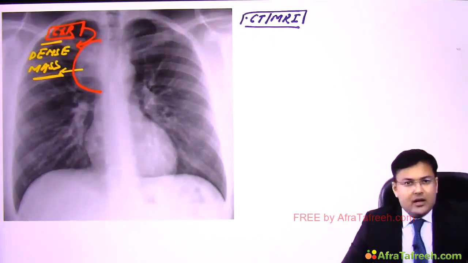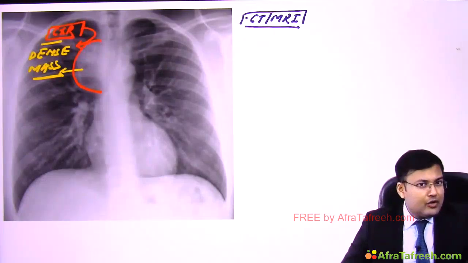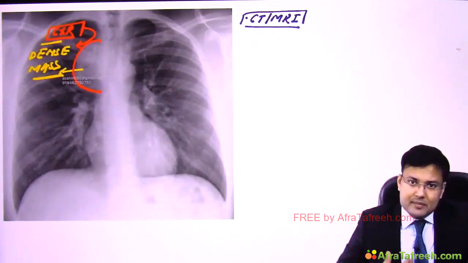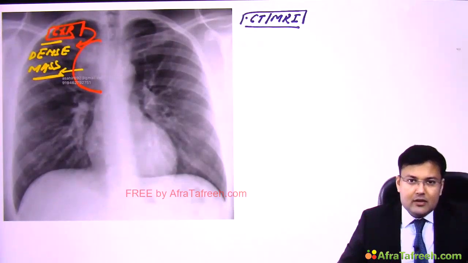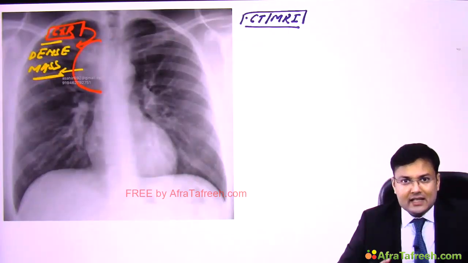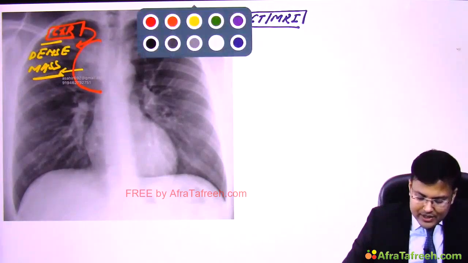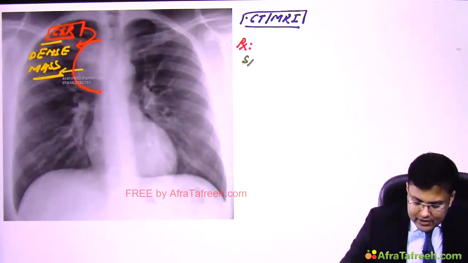What's the treatment? In all cases, we go for surgical excision. Why? First, because we want to prevent complications. Second, for symptomatic relief if the patient has symptoms. And third, very important, for histological confirmation that the patient has bronchogenic cyst. So in all patients, we go for surgical excision.